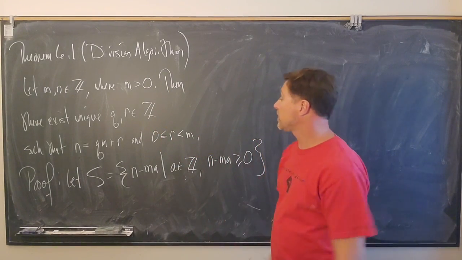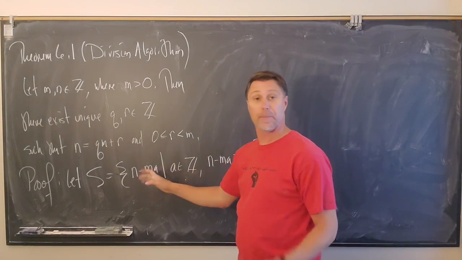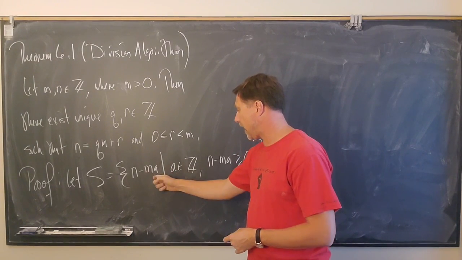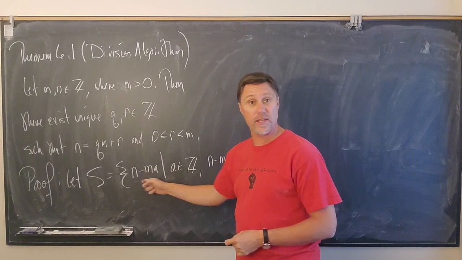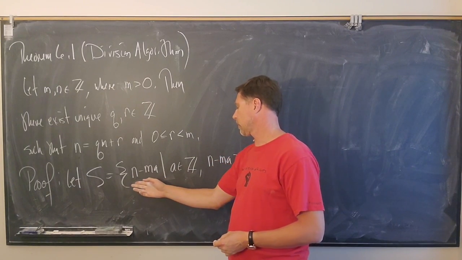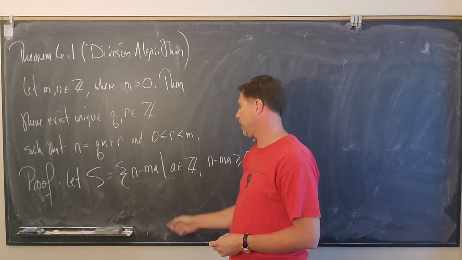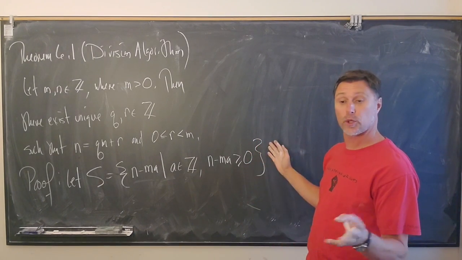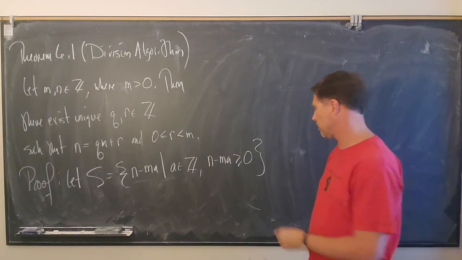Right? We've got an n, we've got an m. Those are fixed. Look at all possible integers a, create all possible integers of this form, but we only take the ones that are greater than or equal to 0. We lump all those together in this set S. So there's our set S.